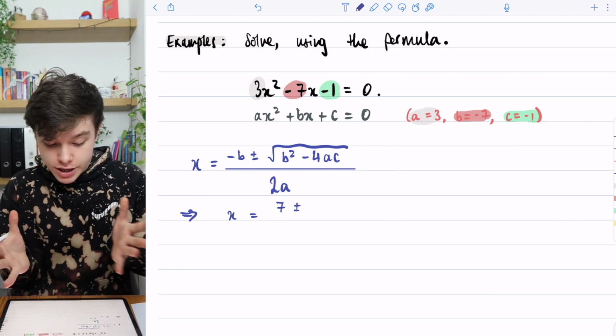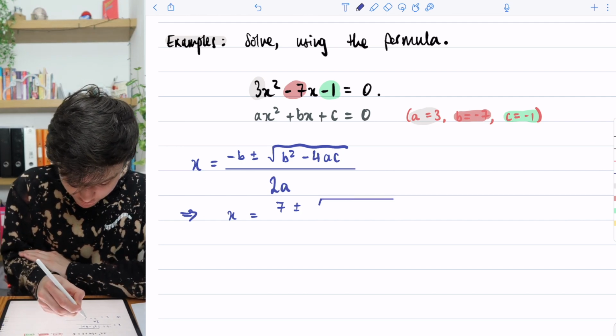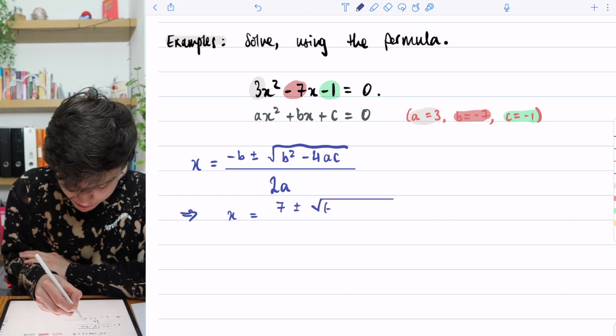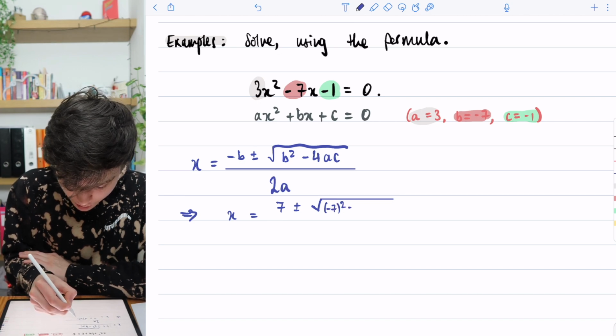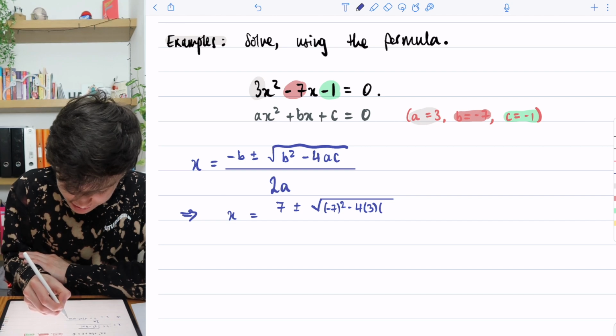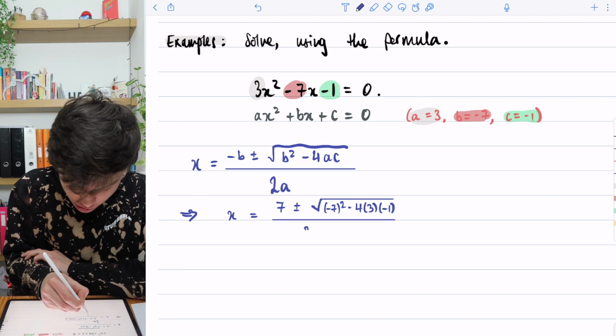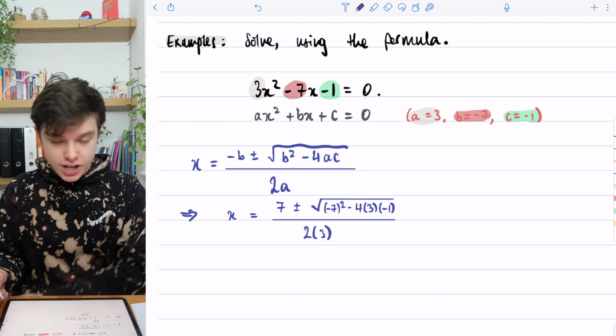They might be the same, we don't know. So, plus or minus the square root of b squared, which is minus 7 squared, minus 4 times a, which is 3, times c, which is minus 1, all divided by 2 times a, which is 3.